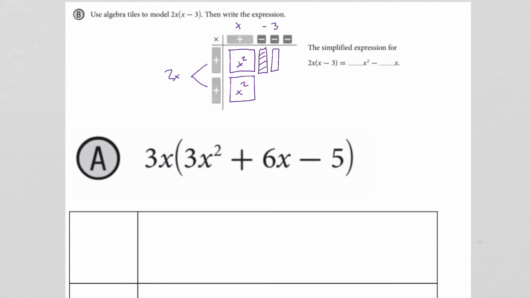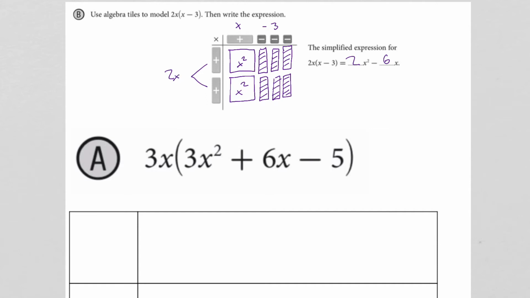So you're going to have 3 of these negative x's. I'm putting the lines through them because that's the way I can tell they're negative, in case I'm using my pencil and I don't have access to multicolors. And this is also going to be a bunch of negative x's. So all combined, we have 2x squared minus 6x.